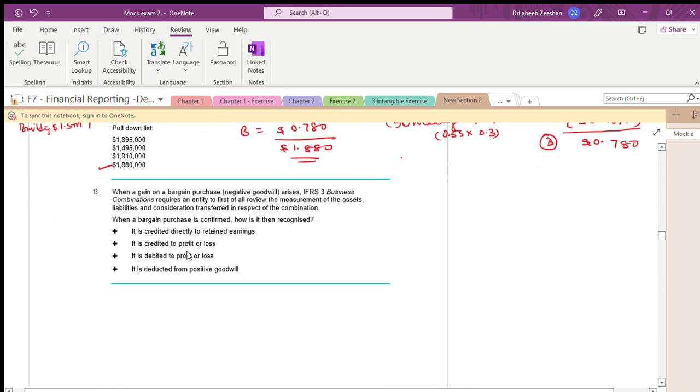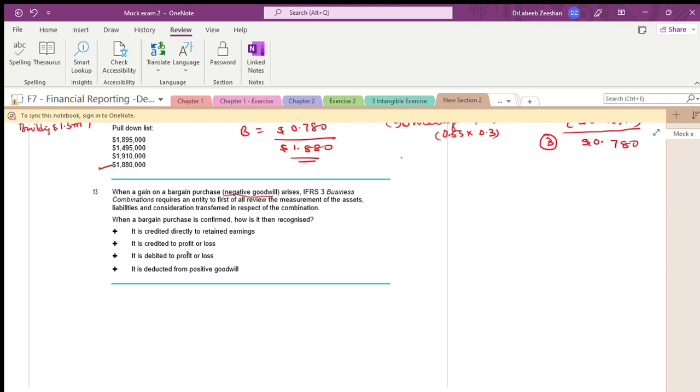When there is a gain on bargain purchase, it is also called negative goodwill. We have not used the word bargain purchase so far, but bargain purchase is otherwise called negative goodwill. IFRS 3 Business Combinations requires the entity to first review the measurement of all the assets, liabilities and consideration transferred.